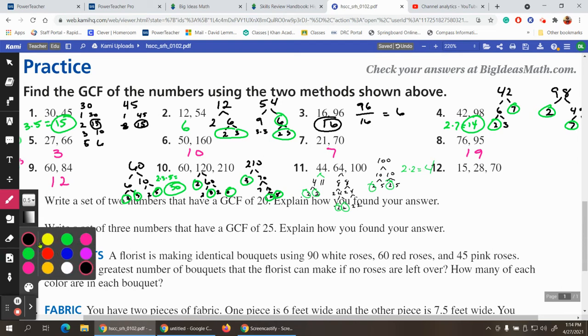Number 12 works the same way. Actually, it doesn't, right? Let's factor this old school style. Let's go 15, right?